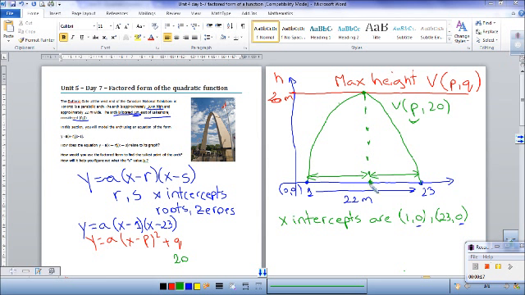So how would we find this middle point? Well, if we average the two x-intercepts, so 1 plus 23 over 2 equals 24 over 2, which is 12. So this point is 12. That represents the x value in the vertex, or the P. So that is my P.